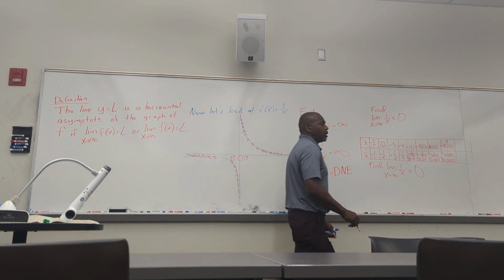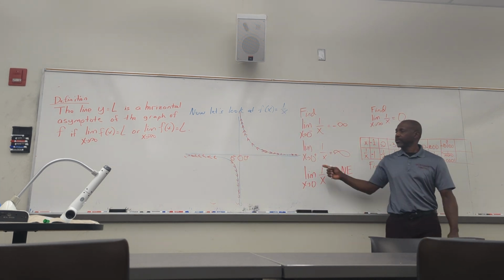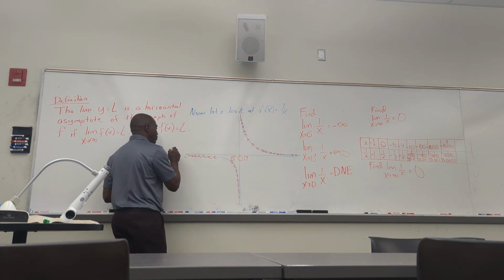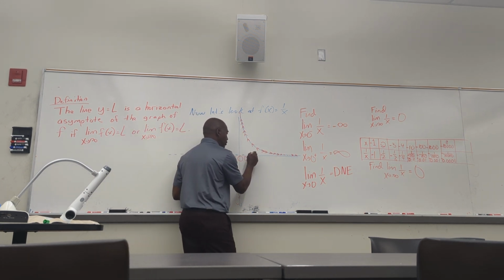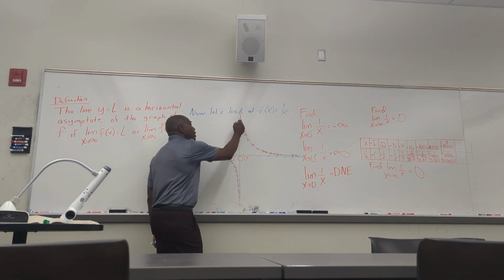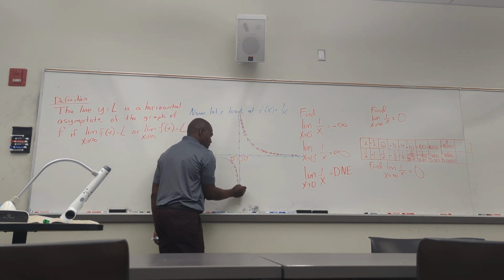So what we're basically telling you, class, is that when I have this graph y equal to 1 over x, you have a horizontal asymptote right here at 0. In a similar case, you have a horizontal asymptote here at 0 also.